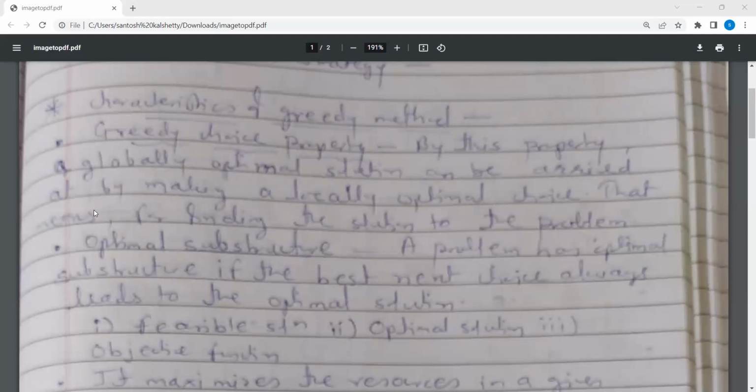That means for finding the solution to the problem. The first characteristic of greedy method is greedy choice property.